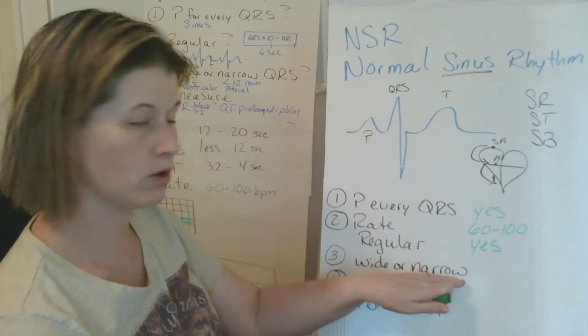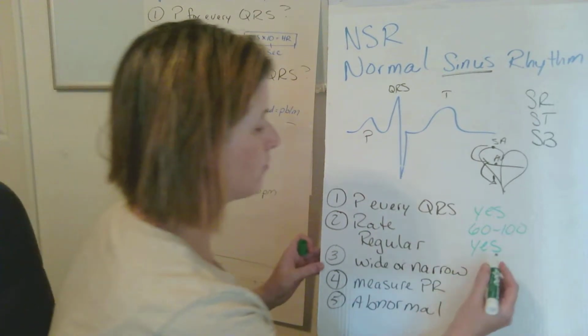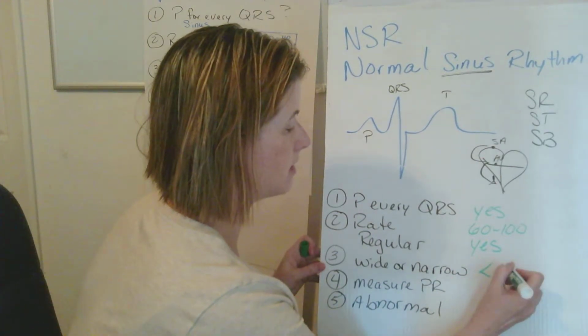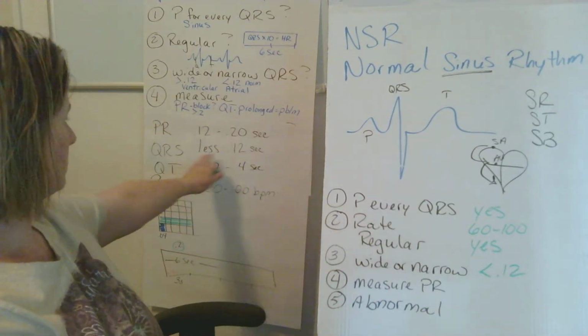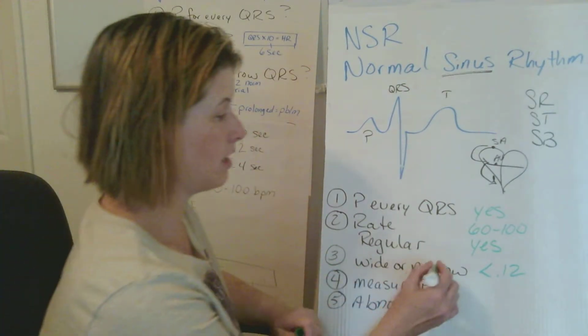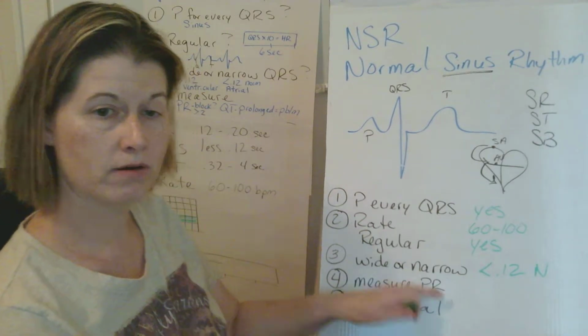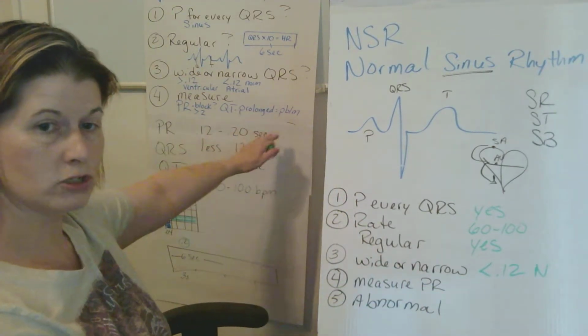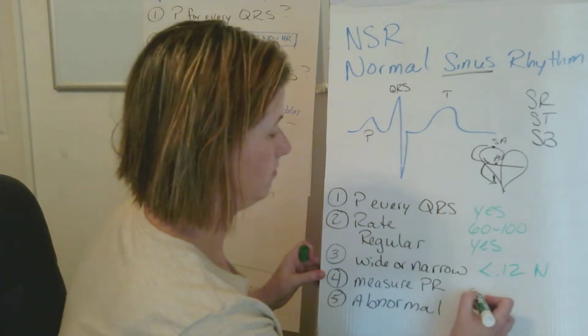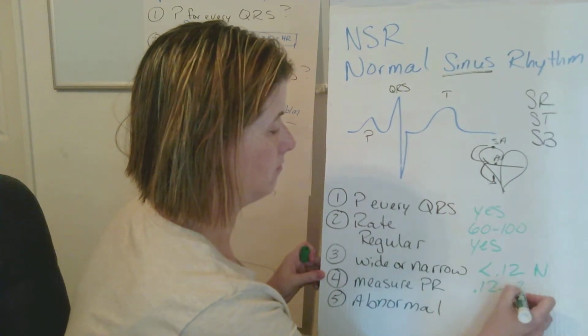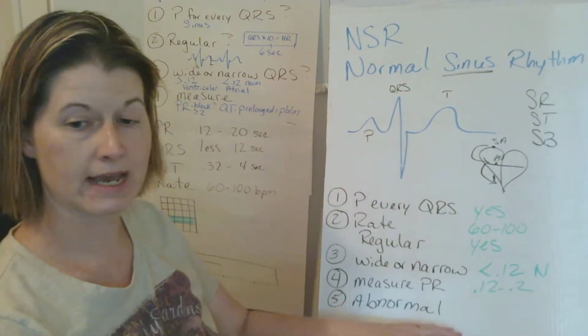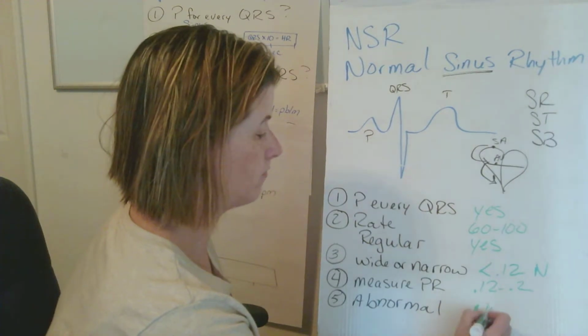Do we have a wide or a narrow QRS? In normal sinus rhythm, the QRS is less than 0.12, so it's narrow. Then we measure our PR, and it should be normal, 0.12 to 0.2. And then do we have any abnormal beats? We would say no.